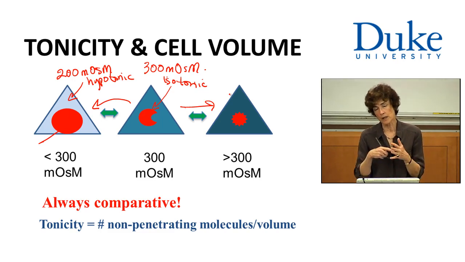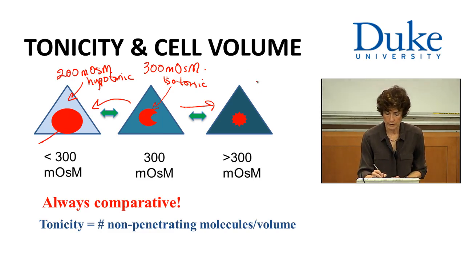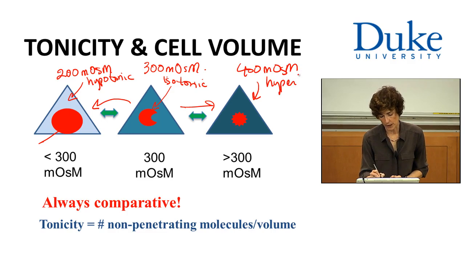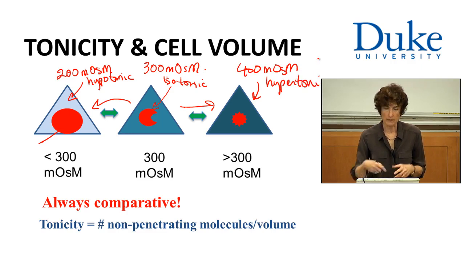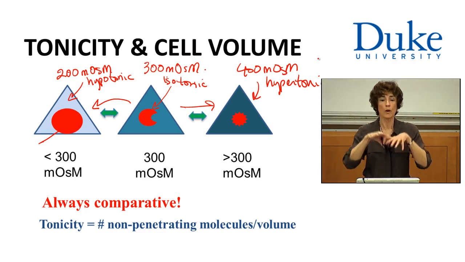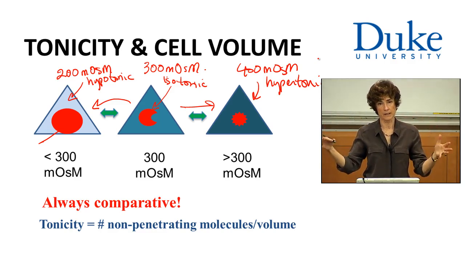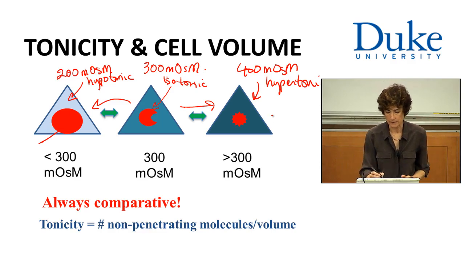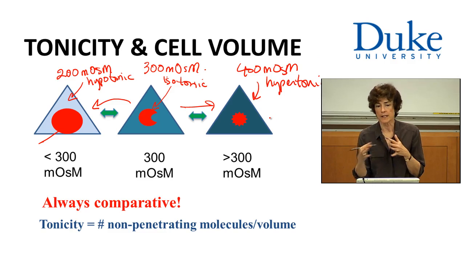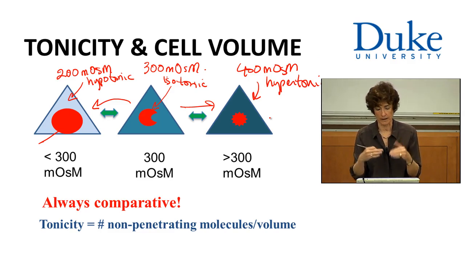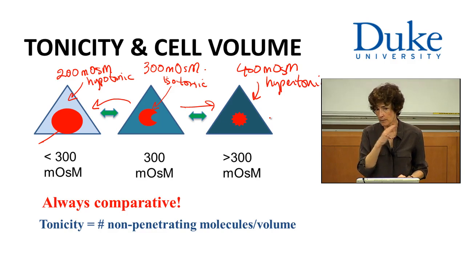Conversely, if I put our red blood cell into a solution where the solution is now 400 milliosmolar, now this solution is hypertonic to the cell, and the cell will shrink, and the water then will move out of the cell and into its environment. So the water is going to try to balance the concentration of the solution that's around the cell. And it does so by moving across that aquaporin channel.